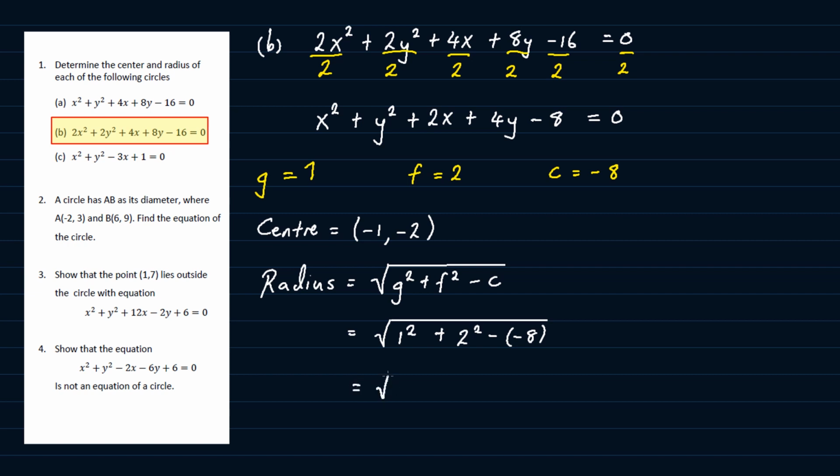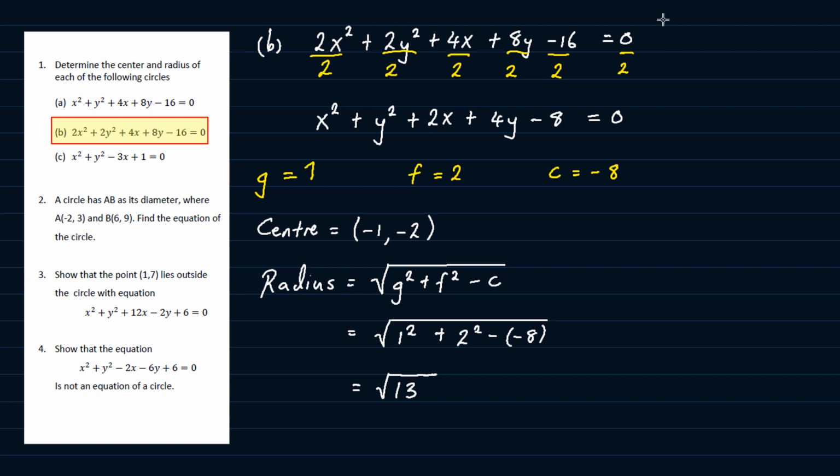So that's the square root of 1 squared, that's 1, plus 2 squared, which is 4, plus, that's minus and minus gives us a plus, gives us 8. So 1 plus 4 is 5, 5 plus 8 is 13. So the radius should come out as the square root of 13. And that's the answer to part B.